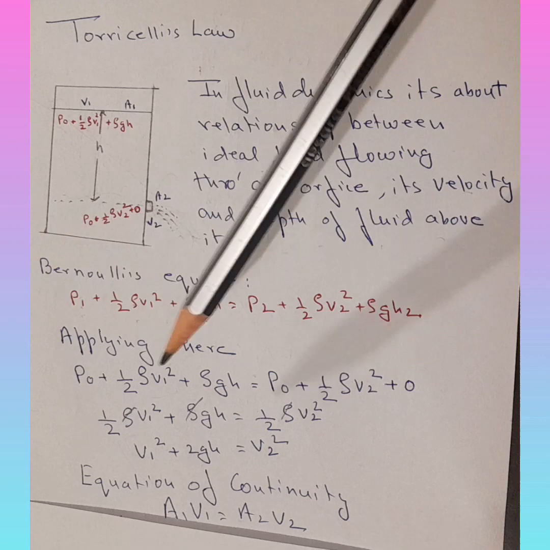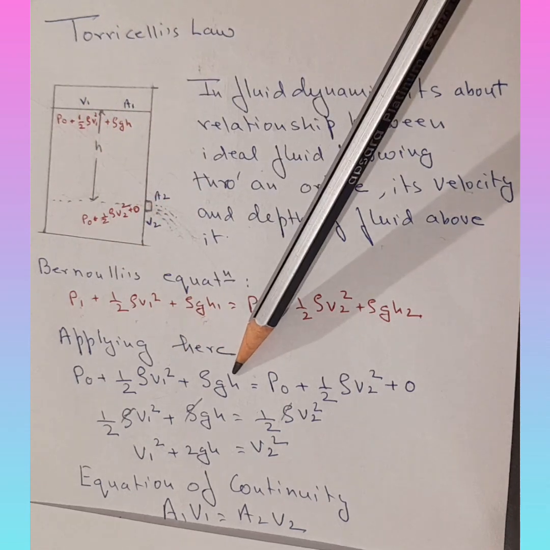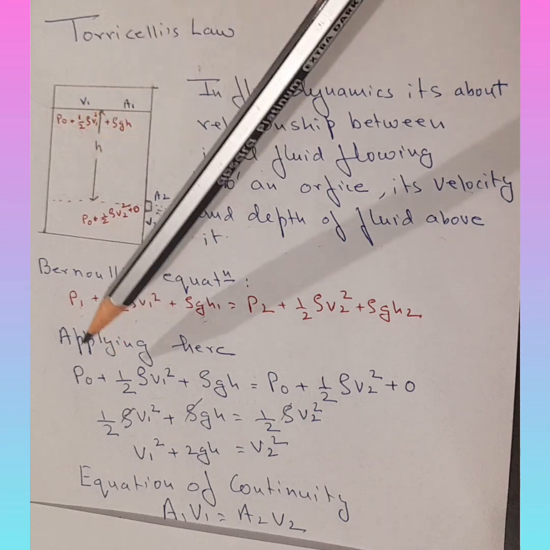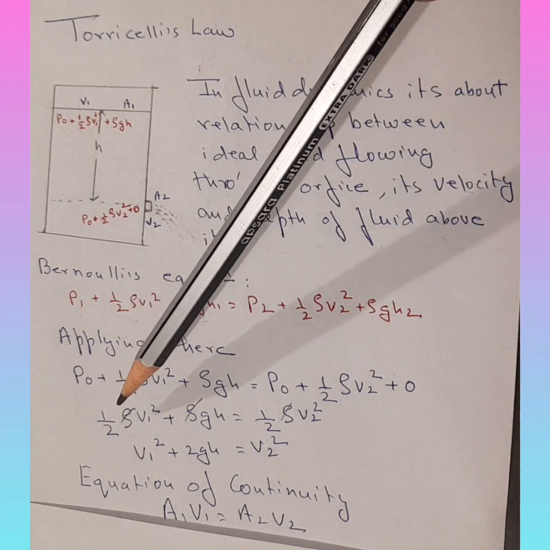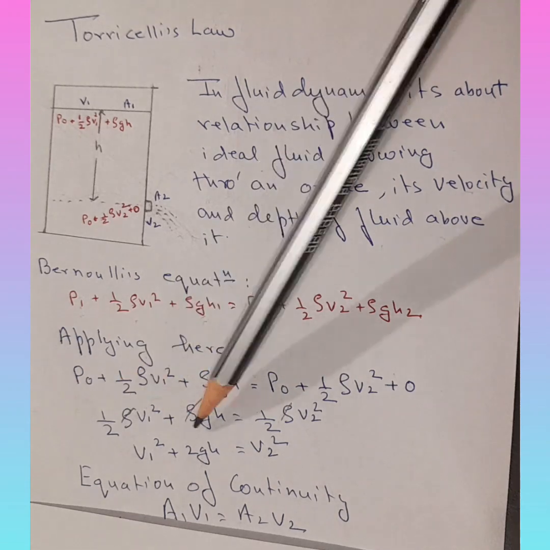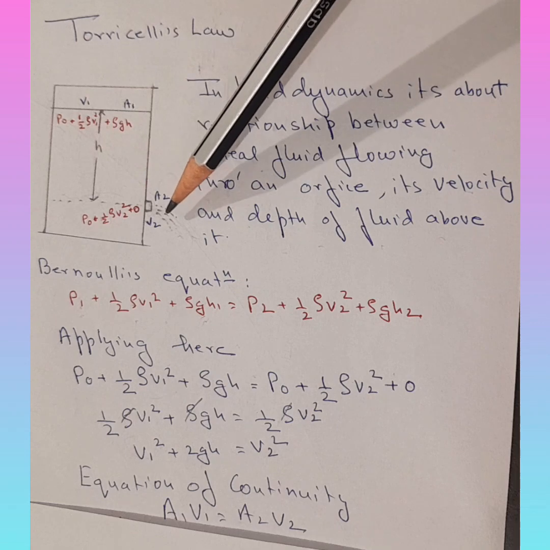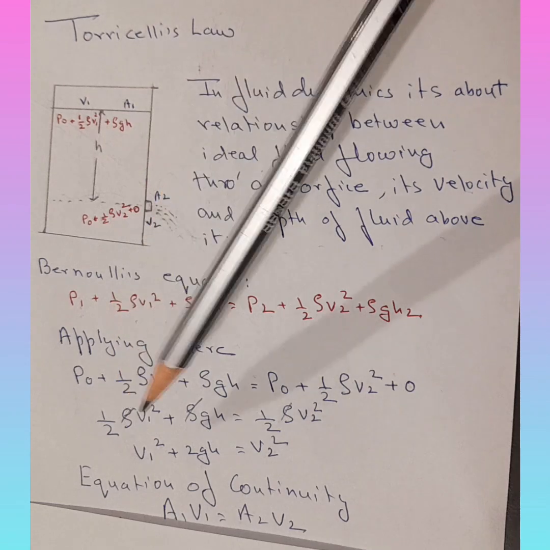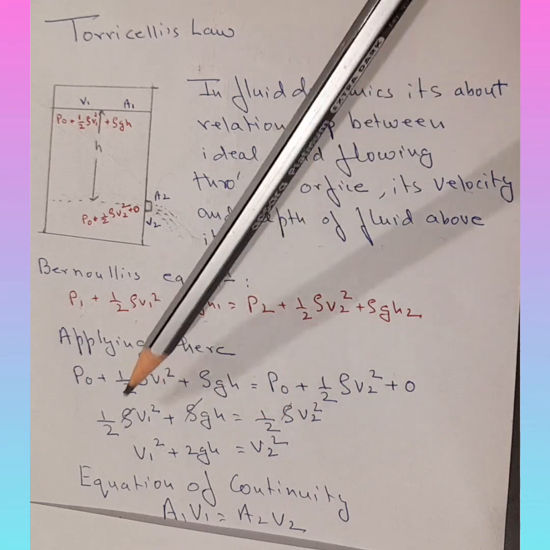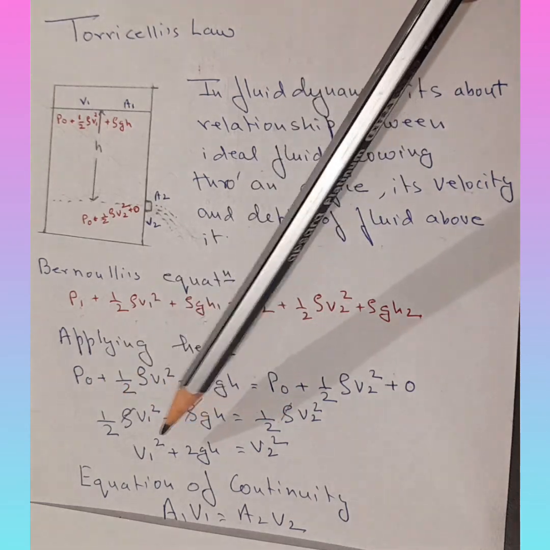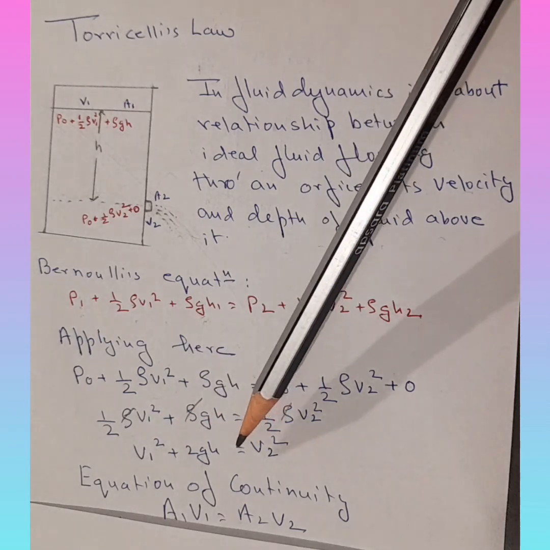So we just jot it down here, equate the two, and jot it down over here. Then we cancel rho because it's the same fluid which is in and the same fluid which is flowing out. So density gets cancelled. Then we take LCM and this becomes v1 square plus 2gh is equal to v2 square.